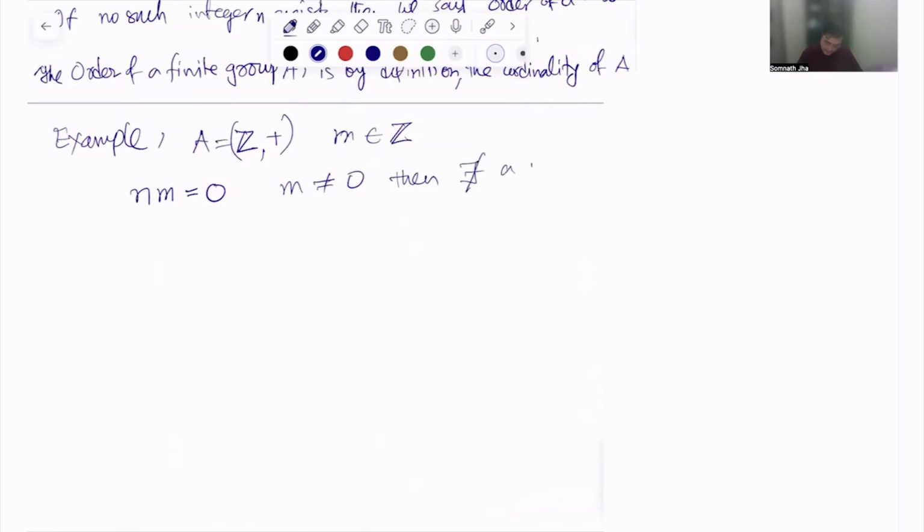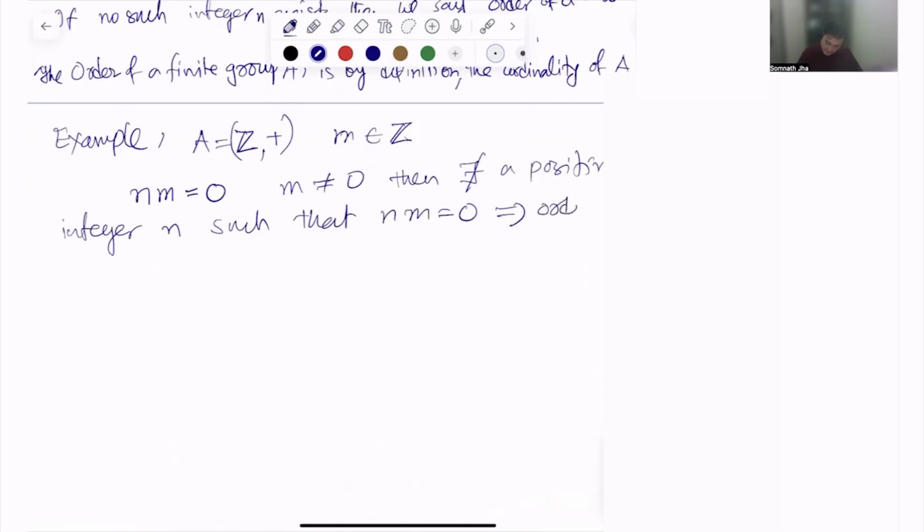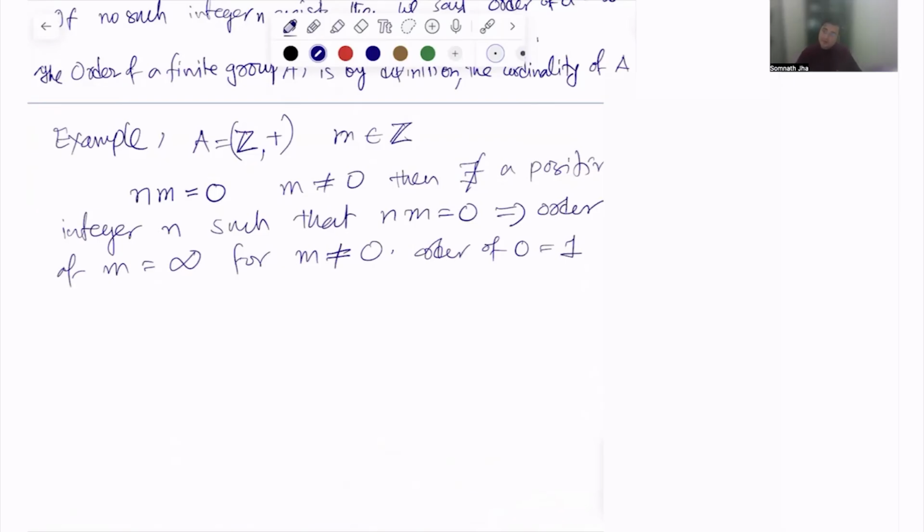So if m is not equal to 0, there does not exist a positive integer n such that n times m equals 0. This implies that the order of m equals infinity for m not equal to 0, and the order of 0 is equal to 1, because the smallest positive integer for which n times 0 equals 0 is satisfied is n equal to 1.